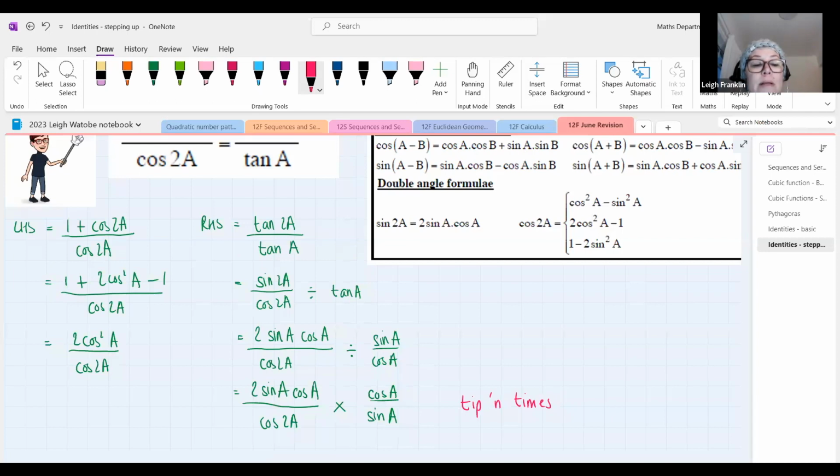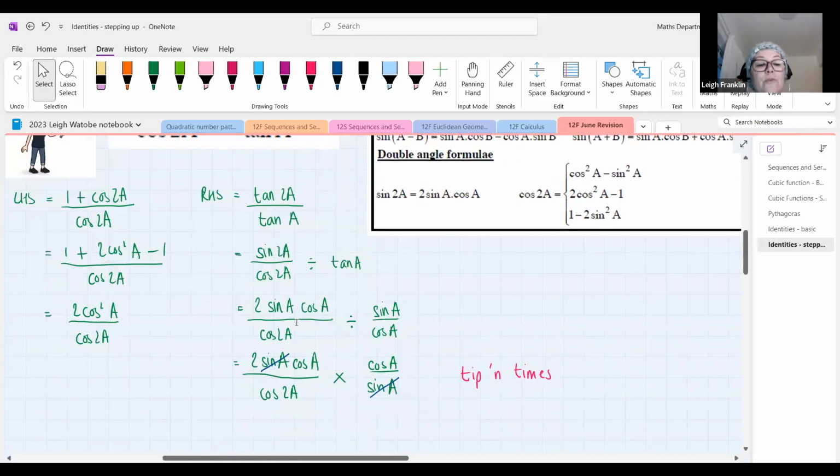Again, there are no pluses and minuses in my numerators or denominators. I only have multiplying and dividing, so I am allowed to cancel down. I can divide sine a with sine a, and that's the only dividing that I can do so far.